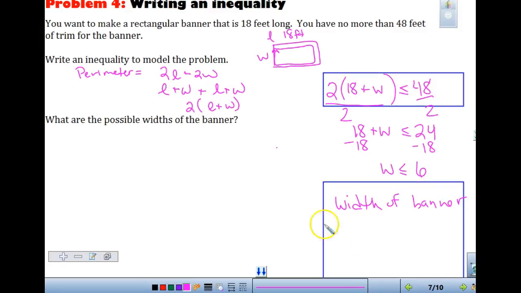Here's the most common answer I'll have from students. The width of the banner is going to be, maybe instead of less or equal, they might say, like they did up here, no more than 6 feet. The width of the banner can be no more than, or you could have said less or equal. No more than 6 feet.